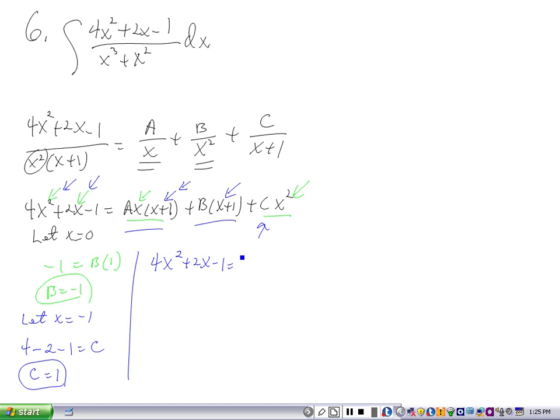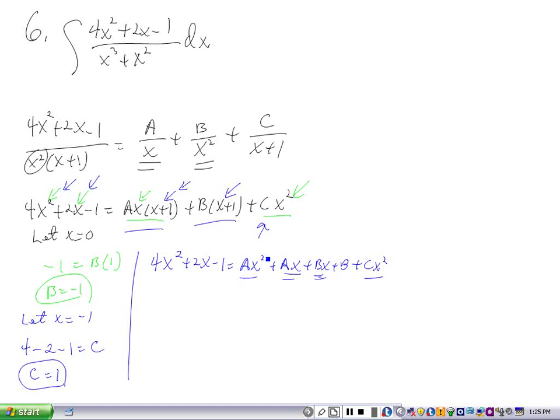On the right side, simplifying everything out, I get ax squared plus ax plus bx plus b plus cx squared. Now look at where I have the a: you can use the ax squared plus the cx squared, or you can use these two terms.